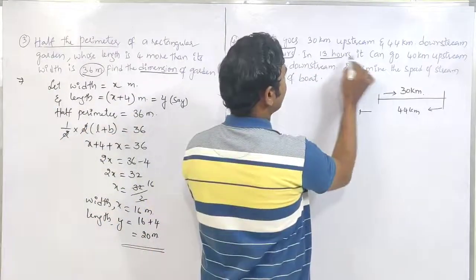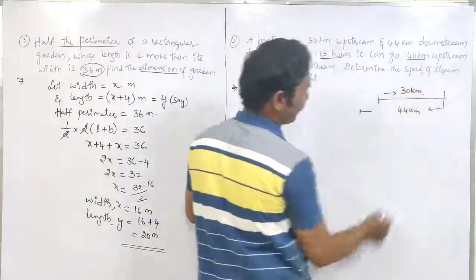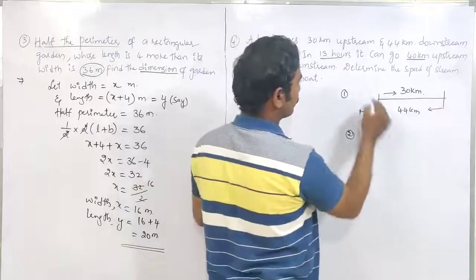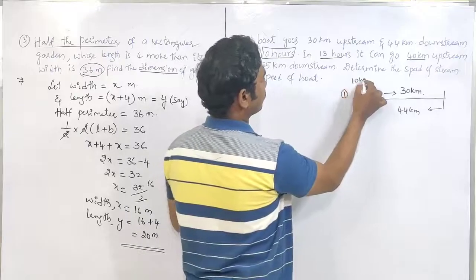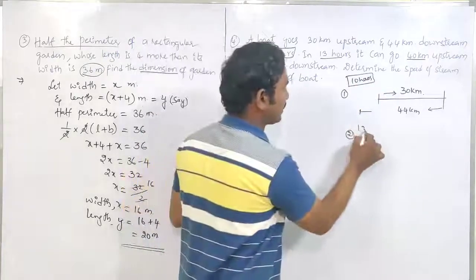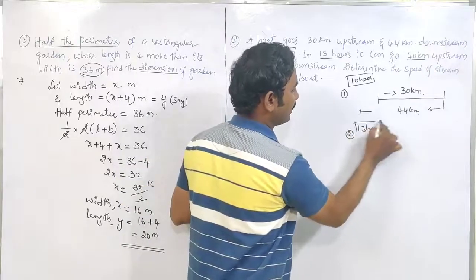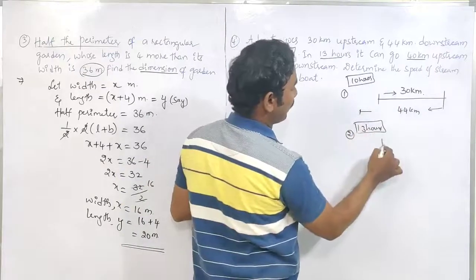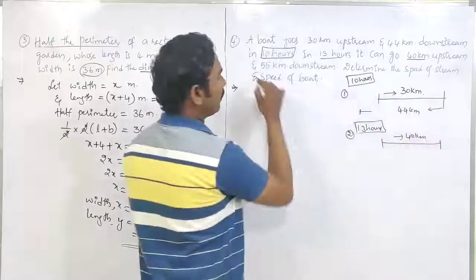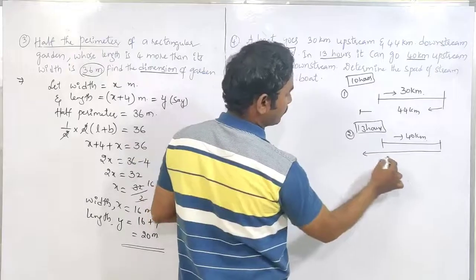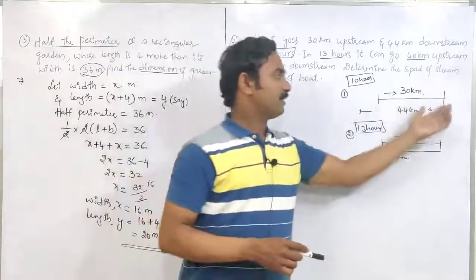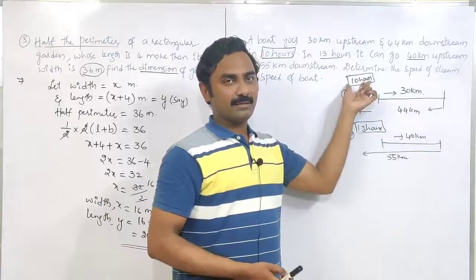Next, in 13 hours it can go 40 kilometers upstream and 55 kilometers downstream. One more condition. This is condition 1: upstream 30 and downstream 44, total time taken is 10 hours.